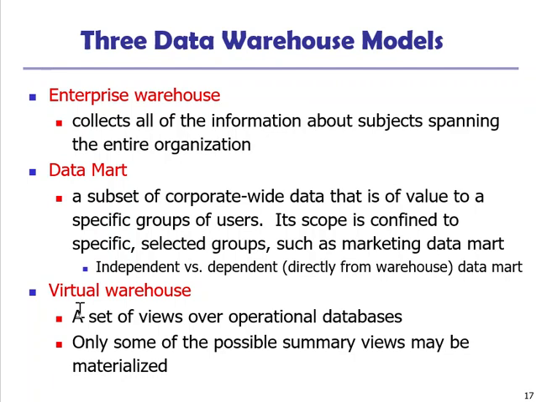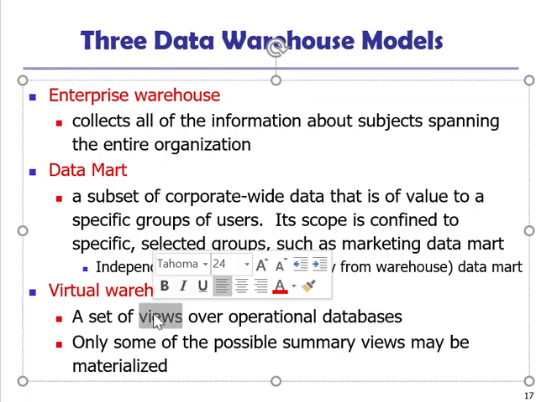You could also have a virtual warehouse. A virtual warehouse is different from the first two because it's virtual. It's just a set of views over operational databases. Students who have a relational database background understand what views are. Actually, a view is just a select query. So earlier we have shown examples of select queries in the very beginning of the semester.